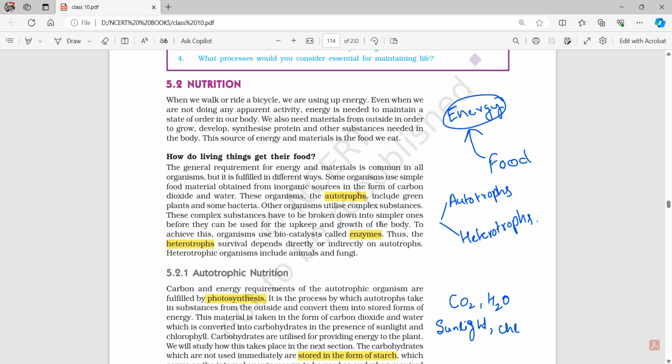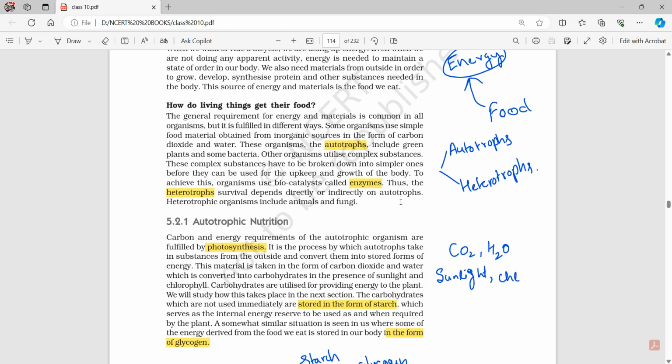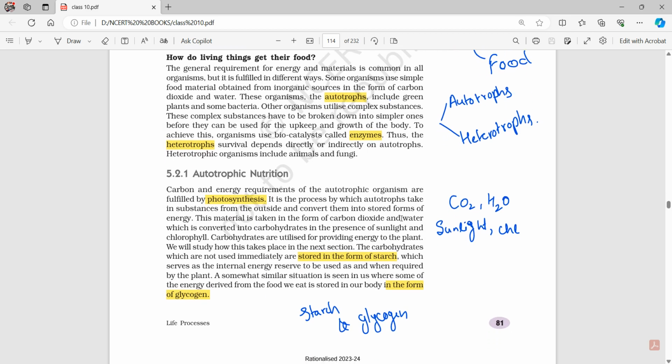These complex substances have to be broken down into simpler ones before they can be used for the uptake and growth of the body. To achieve this, organisms use biocatalysts called enzymes. Thus, the heterotroph's survival depends directly or indirectly on autotrophs. Heterotrophic organisms include animals and fungi.